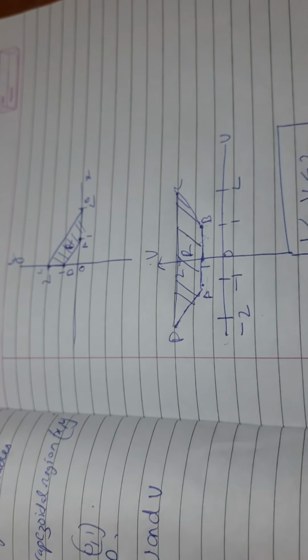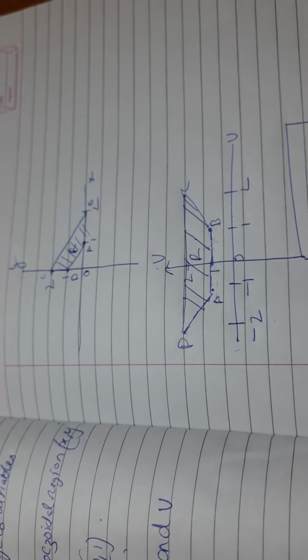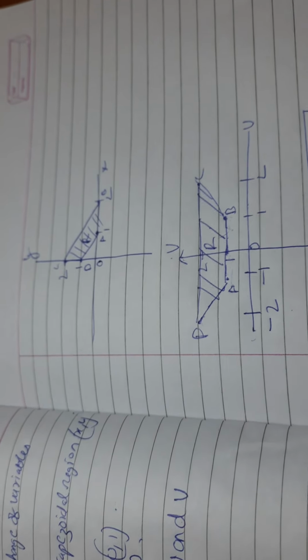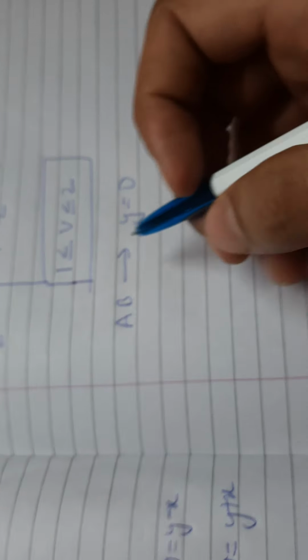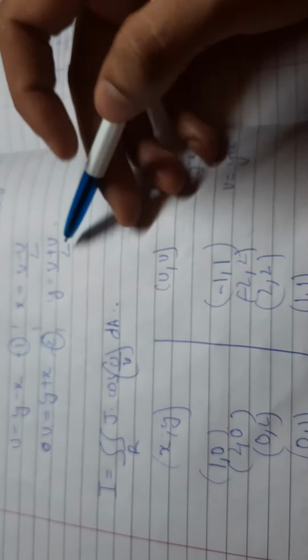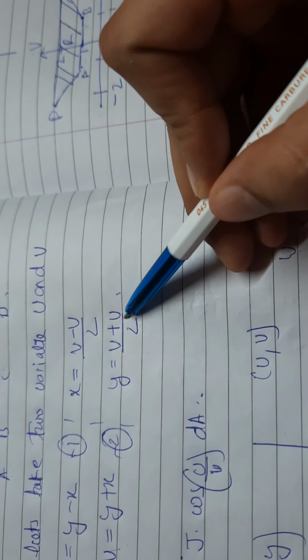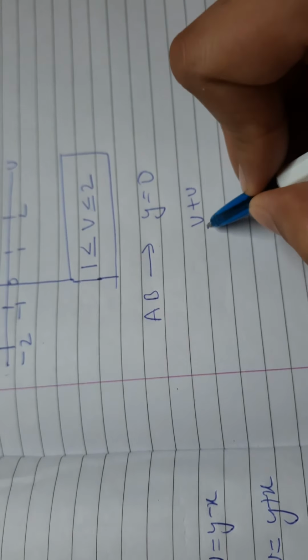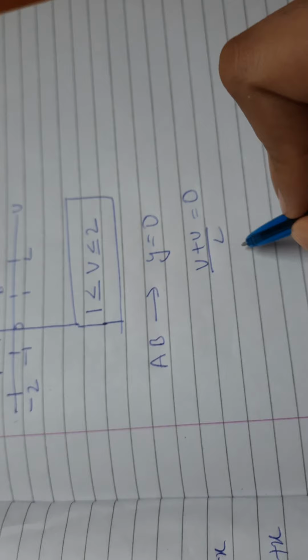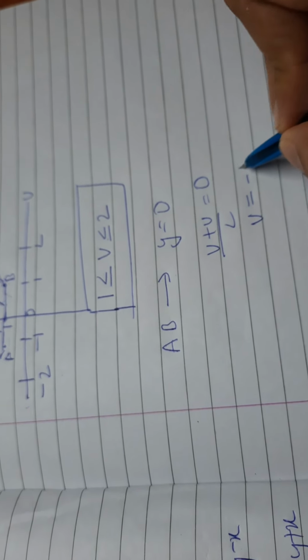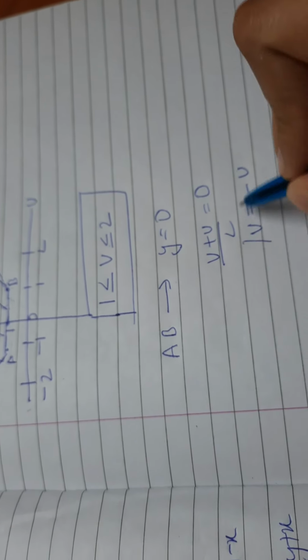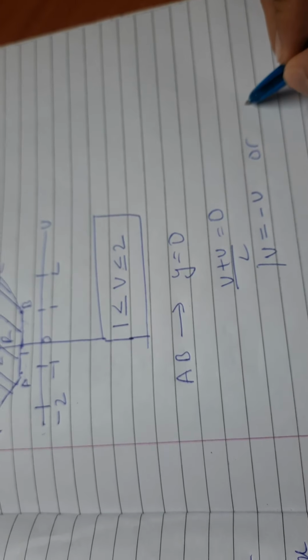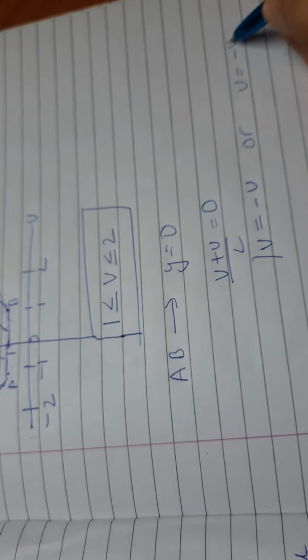So we can write AB: y equal to 0, and we know y equals v plus u by 2, so v plus u by 2 equals 0. So we can write v equal to minus u, or u equal to minus v.